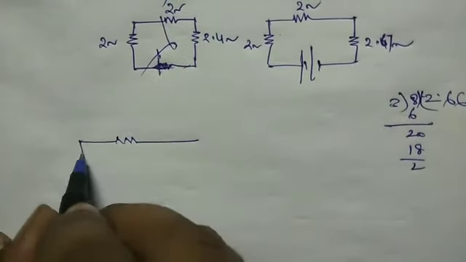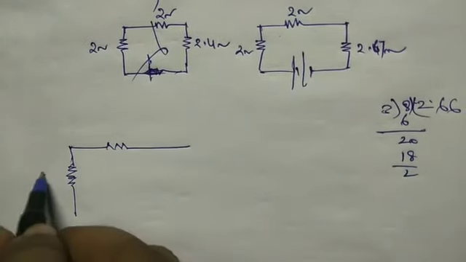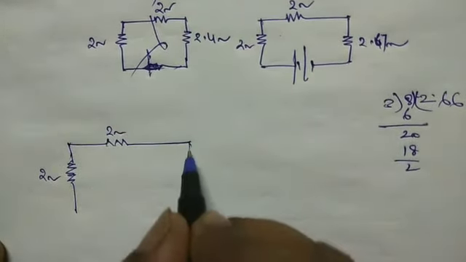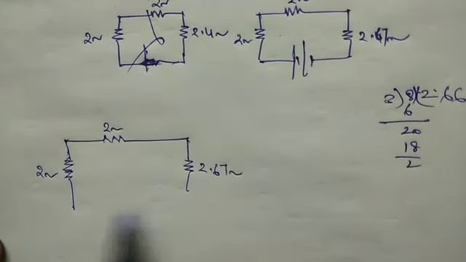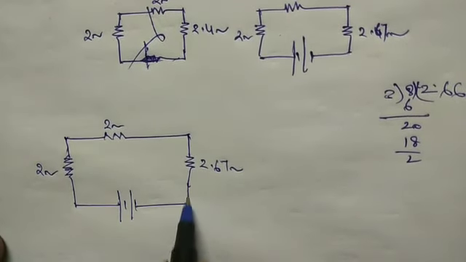This is 2 ohms, and this is also 2 ohms, but this is 2.67 ohms. So all these are across the battery here.